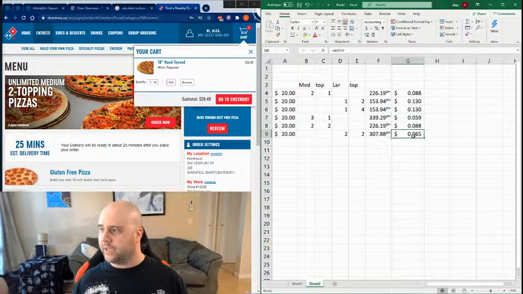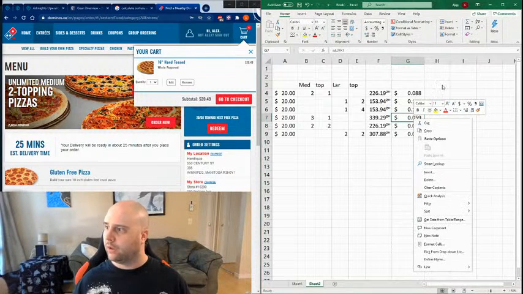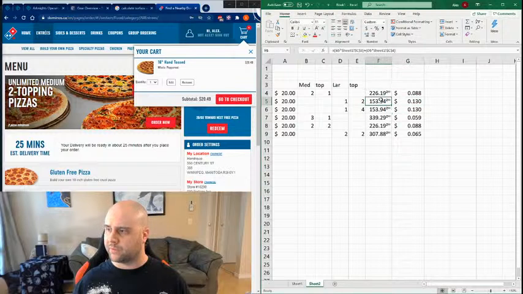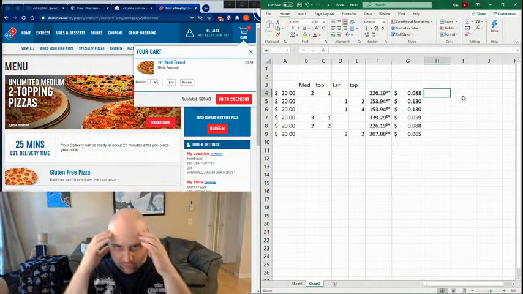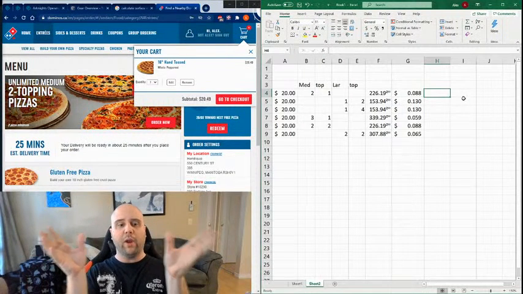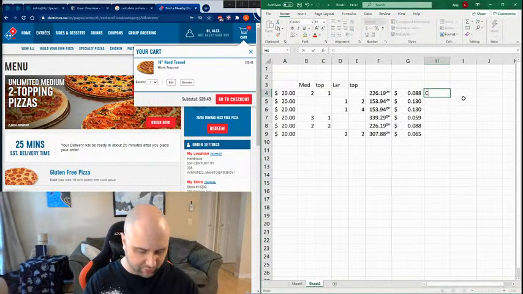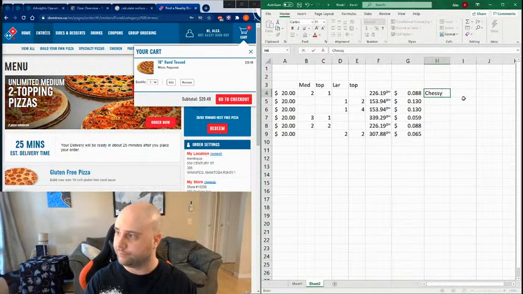Yeah, so this one's a little bit better than this guy, right? Okay. These two are identical because this is the same square inchage, but it's different toppings. But there's different bonuses. So let's make sure that we are cognitively aware of the bonuses. Okay, so we're getting cheesy bread here. All right, cheesy bread's pretty good.